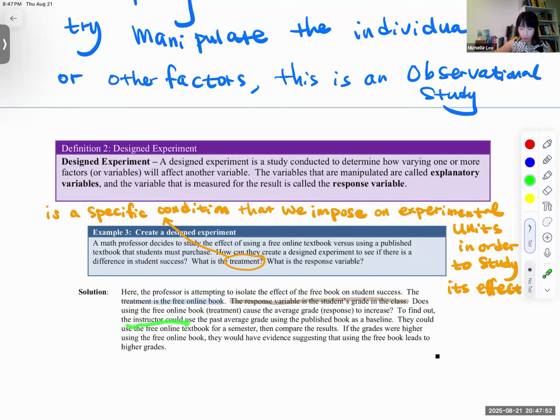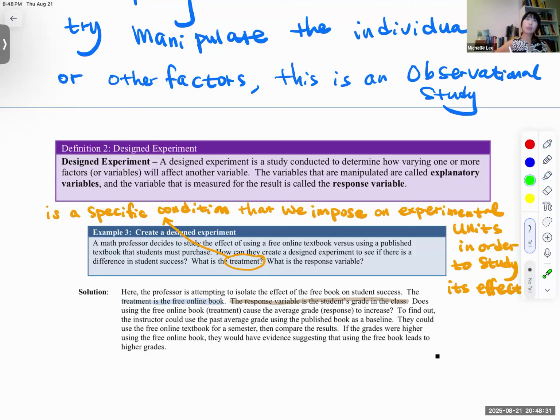So the instructor could use the past average grade using the published book as a baseline. They could use the free online textbook for a semester, then compare the results. If the grades were higher using the free online book, they would have evidence suggesting that using the free book leads to higher grades. Okay? All right.